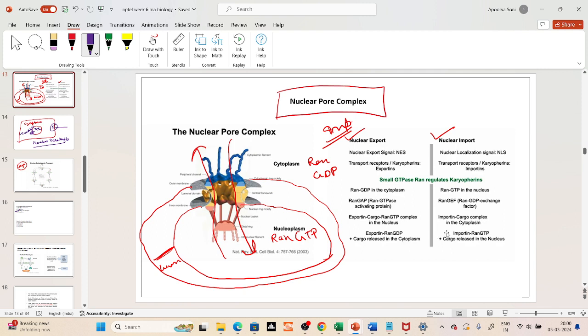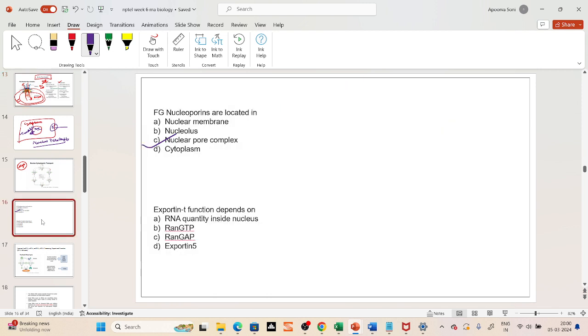The importing cargo complex is required for import. Now, exportin function depends on RNA quantity inside the nucleus, Ran GTP, Ran GAP, exportin 5.